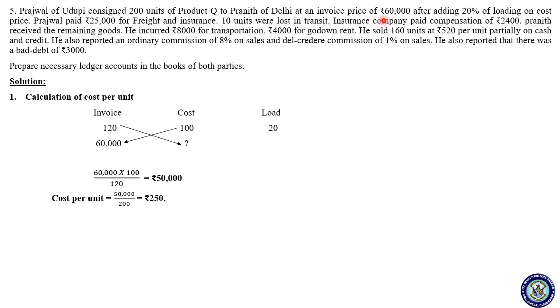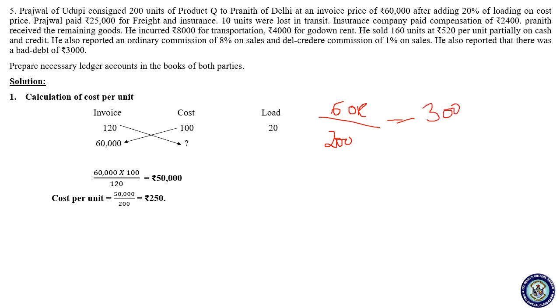Now if you want, you can calculate the invoice price per unit. 60,000 divided by 200, you will get 300.